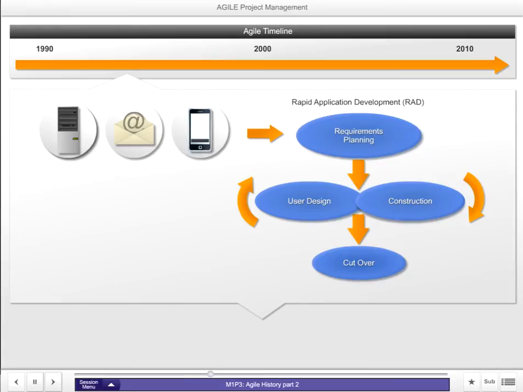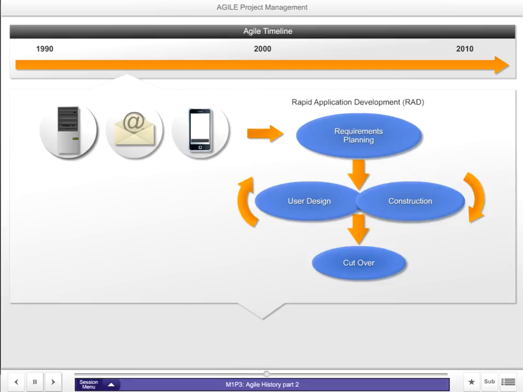As RAD gained momentum in the marketplace, many vendors released so-called RAD products, and consultants came up with their own interpretation of RAD concepts. But there was no industry standard to define exactly what a RAD framework looked like.